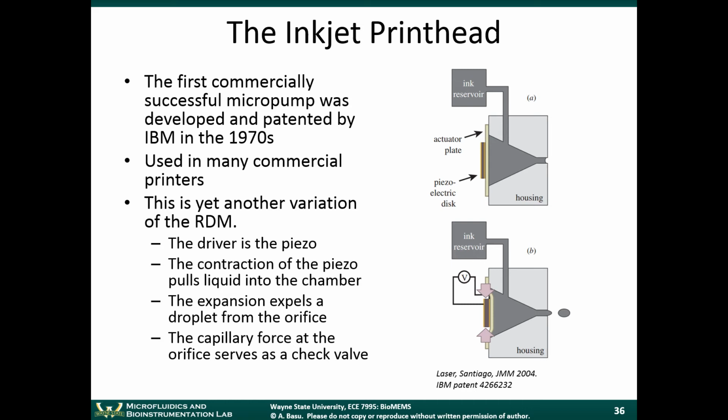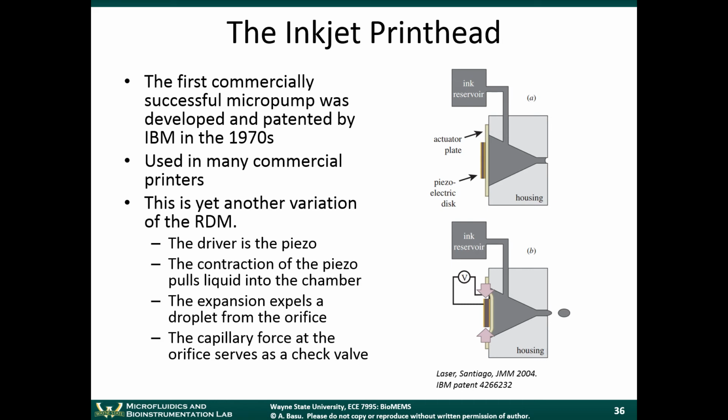But the bubble jet and the piezoelectric jet printers essentially were the first example of a microfluidic device that was successfully commercialized. And this was patented back in the 70s, and it was used heavily in the 80s, 90s, and even today.